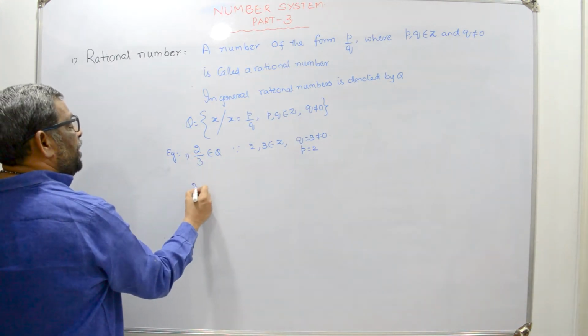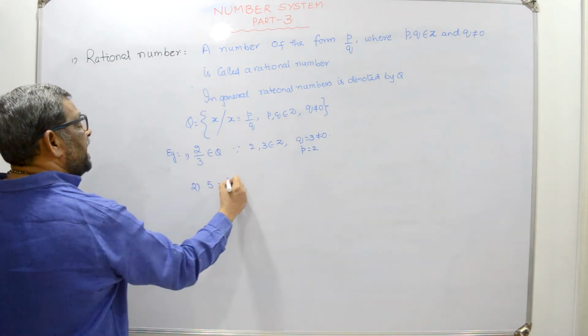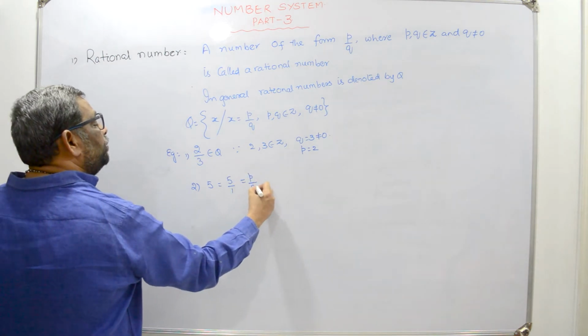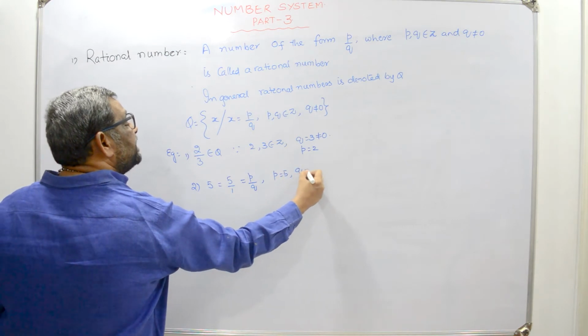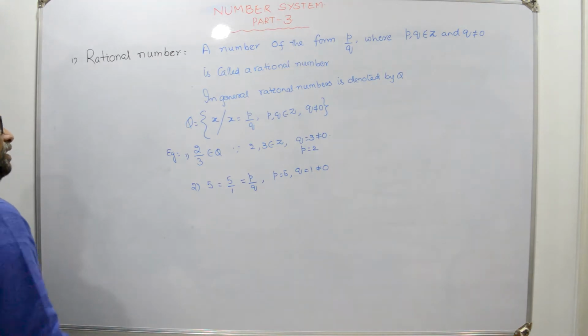Similarly, if I consider 5, this can be written as 5 by 1. It is in the form of P by Q such that P is equal to 5 and Q is equal to 1 not equal to 0. It is also a rational number.